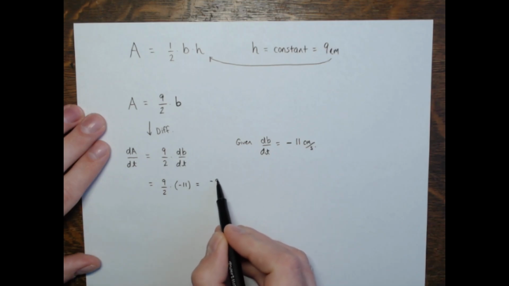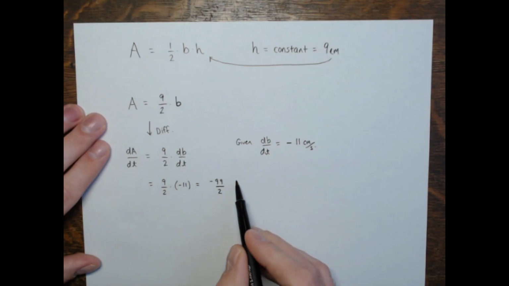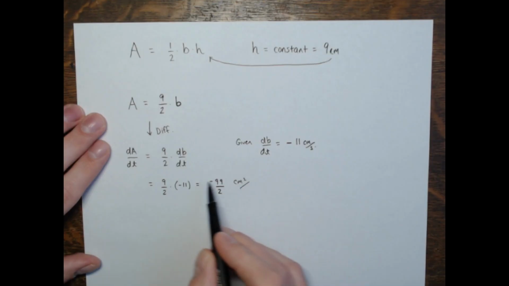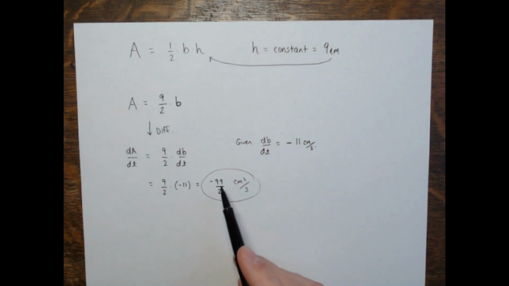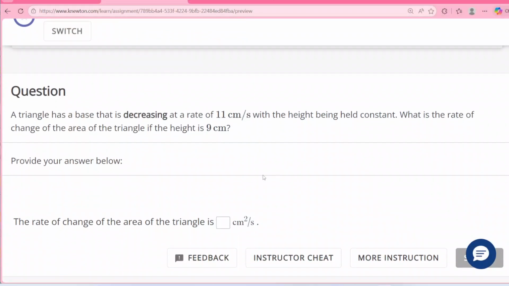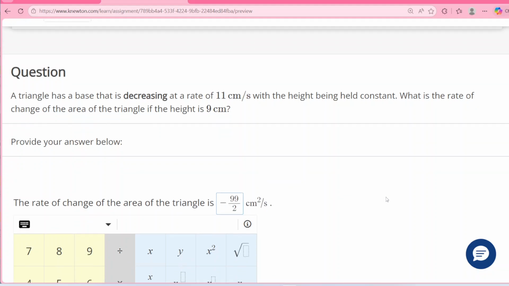So that's negative 99/2, and this would be area units again, so square centimeters per time units. And that's what I'm entering. I could also put negative 49.5 square centimeters per second. I think I'll just do that. But still, negative 99/2 doesn't take that long to type there. Got it.